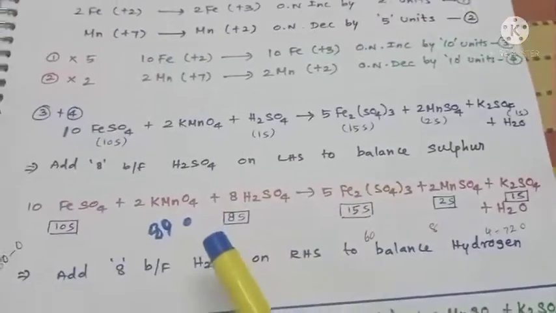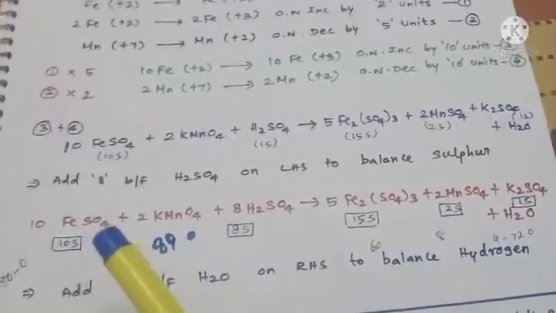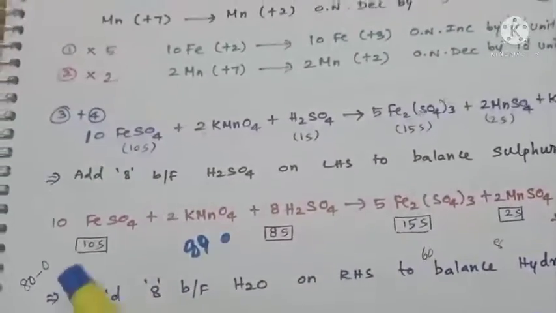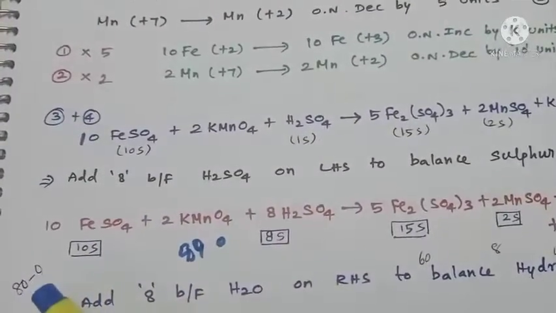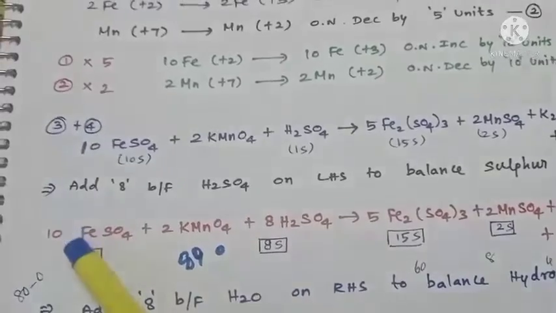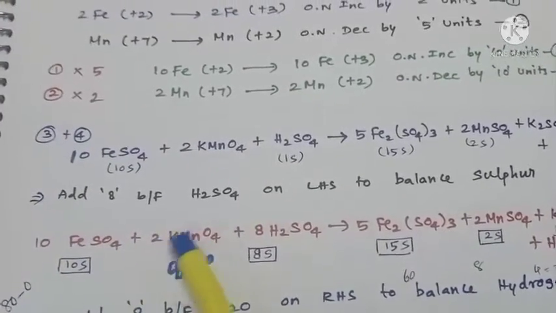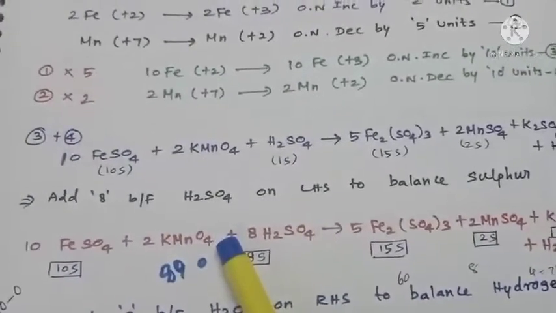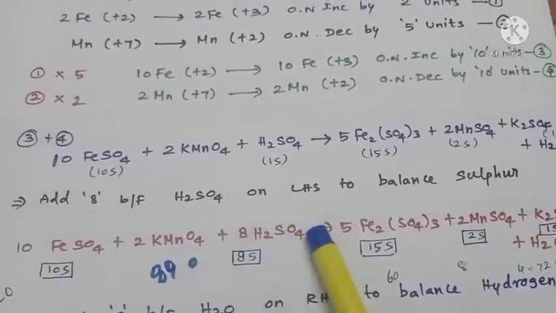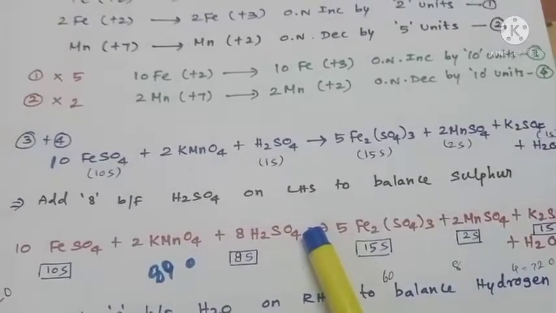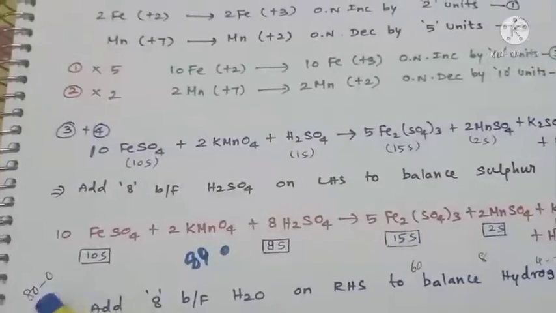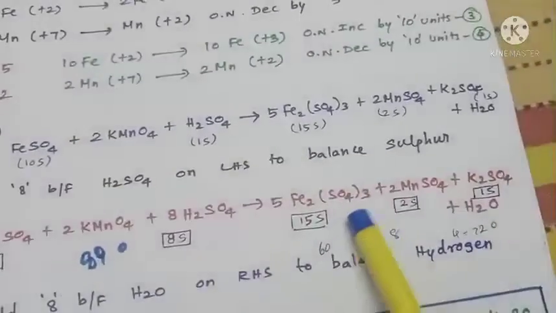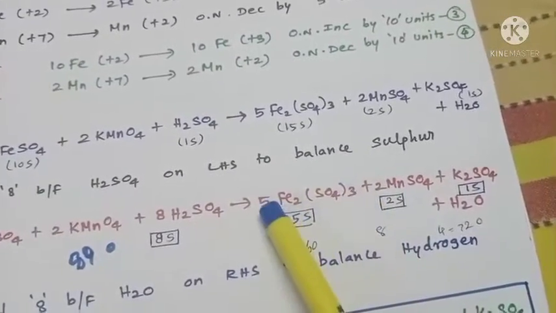Right. Now you can go for oxygen, and finally hydrogen, isn't it? On the left side, totally there are 80 oxygen atoms, because 10 into 4, 40, 2 fours are 8, 48, 8 fours are 32, 80. Totally there are 80 oxygen atoms on the left hand side. On the right hand side, 3 fours 12 into 5 is 60.